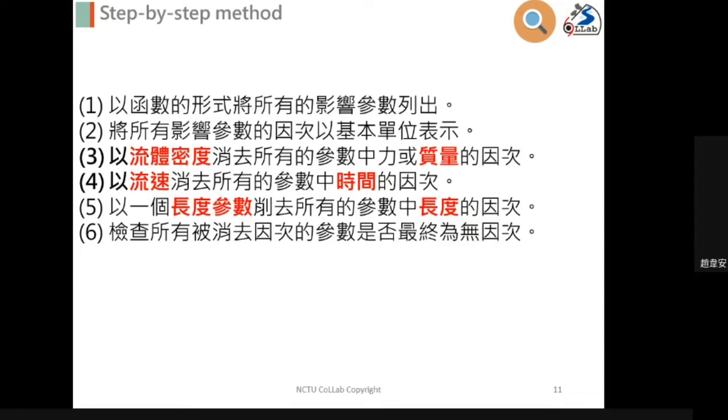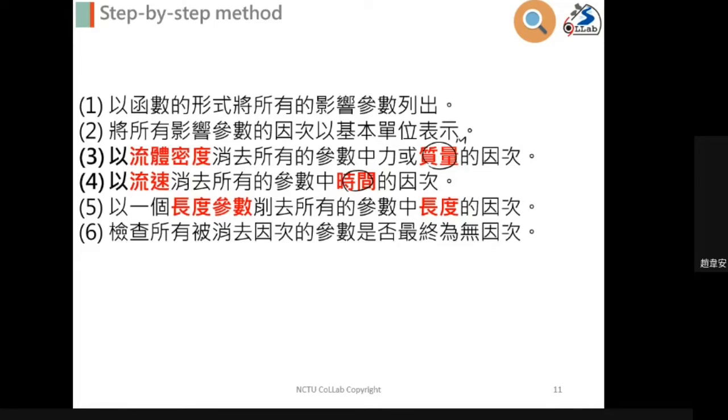Usually we will use the density to cancel out the mass dimension for other parameters, we will use the velocity to cancel the time dimension for other parameters, and we will use the length parameter to cancel out other length dimensions for other parameters.